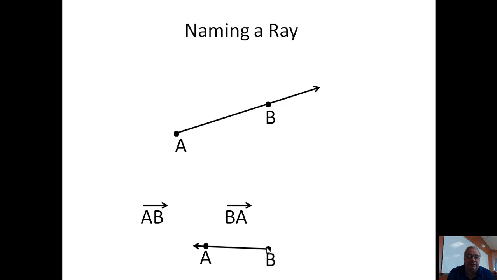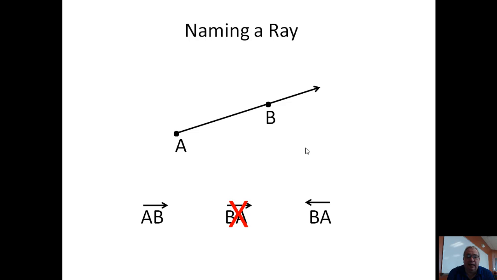Well, in our original ray, the ray starts at A. It originates at A and it goes through B. So this is the only correct name. This is not correct for this one up here. This one would be referring to that, which is not our illustration. So incorrect.